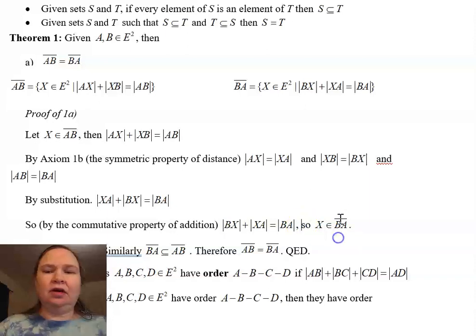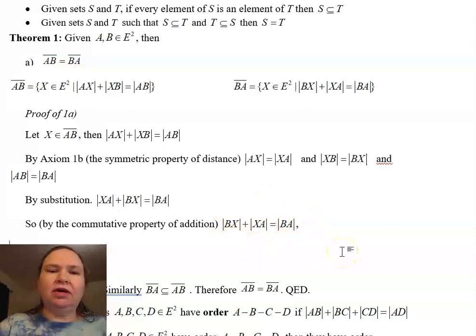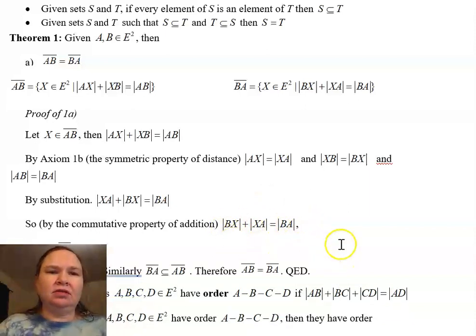All right, now, what has to be true in order to say that X is an element of BA? Well, I need that BX plus XA equals BA, and I know that. So now I get to say that X is an element of BA.